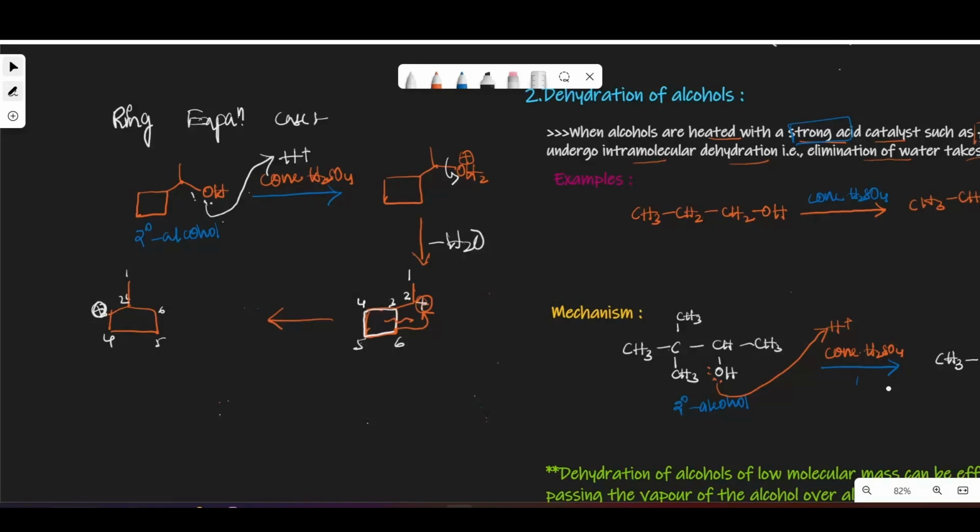So after that there is a possibility of a hydride shift because here we have one hydrogen. After the hydride shift we will get a tertiary carbocation. So we will get this one.